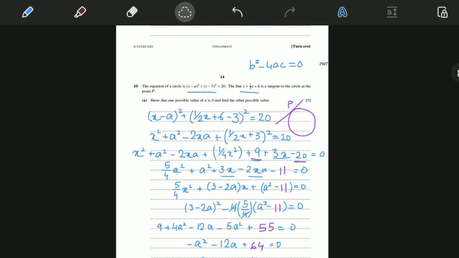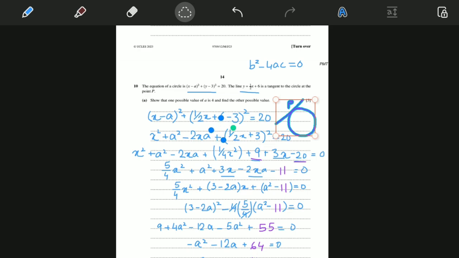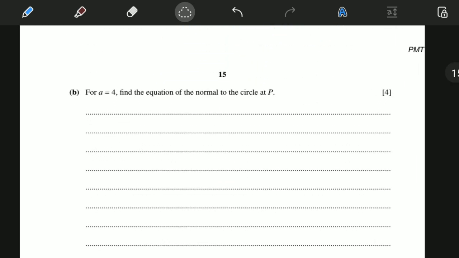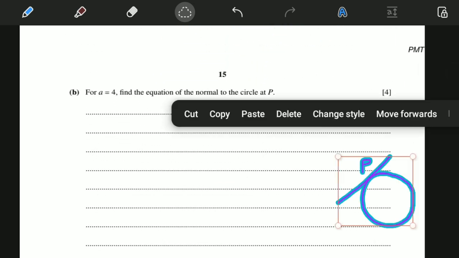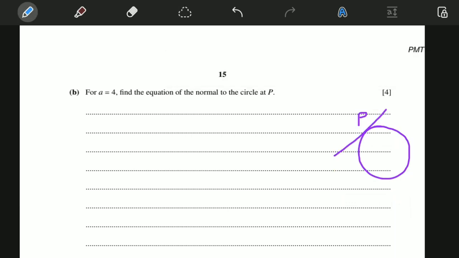Okay, now just take this. For a equals to 4, find the equation of normal to the circle at P. Now what will the normal look like? If you draw P, write P over here, normal will be like this.